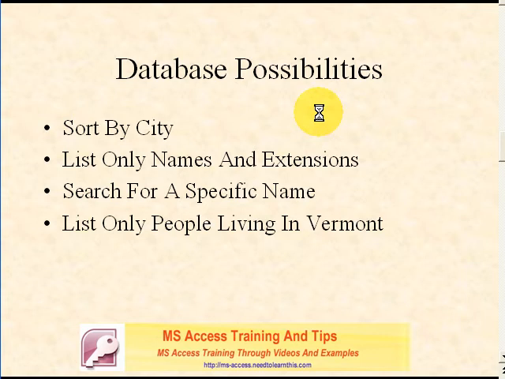Okay, lists only names and extensions. You might want to pull that information, pulling a particular subset of information from your data. You want to search for a specific name. Okay, search for people only living in Vermont or any city or state you may be interested in pursuing. You may have a lot of information. You just want to hone in on that particular piece or that particular area.